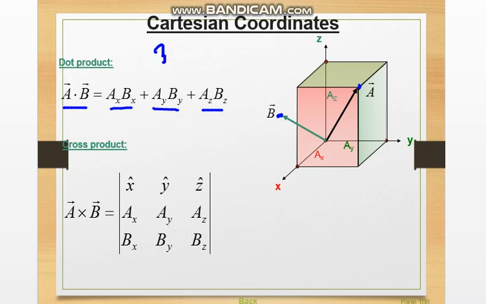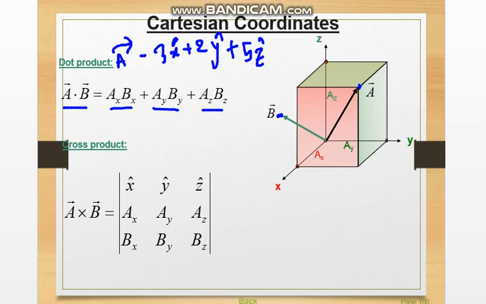Just like that, if a vector is 3x, 2y, and 5z, okay, that is with the unit vectors i, j, and k.